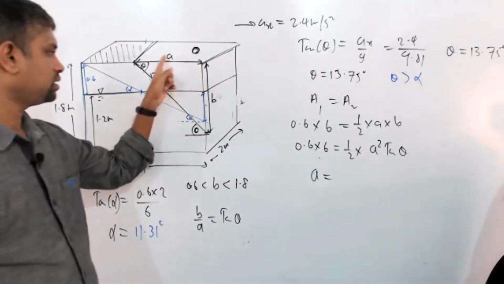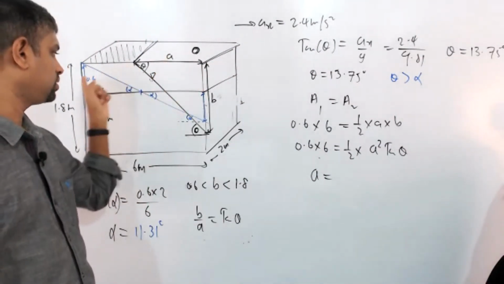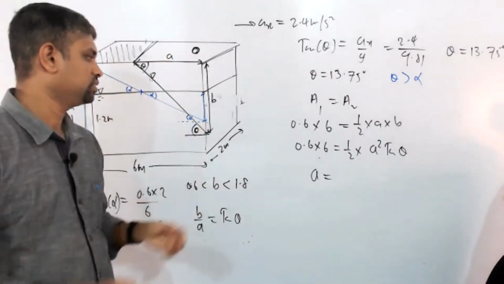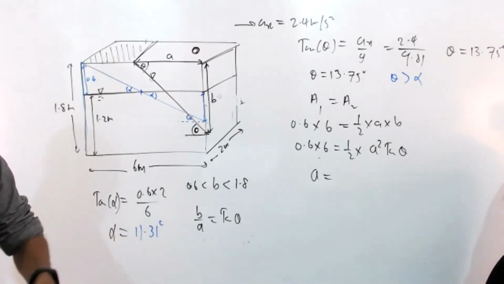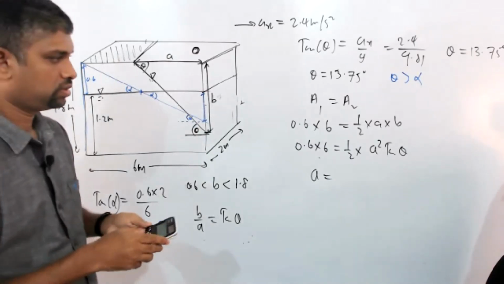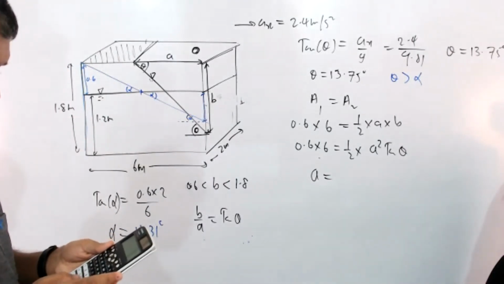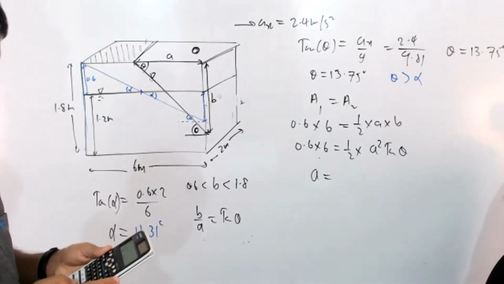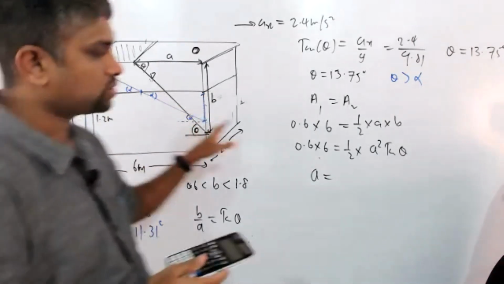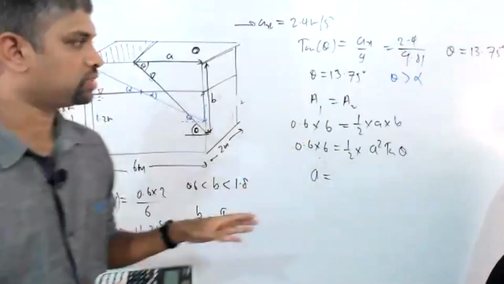Using A and B is easier. 0.6 into 6 is the original free space.